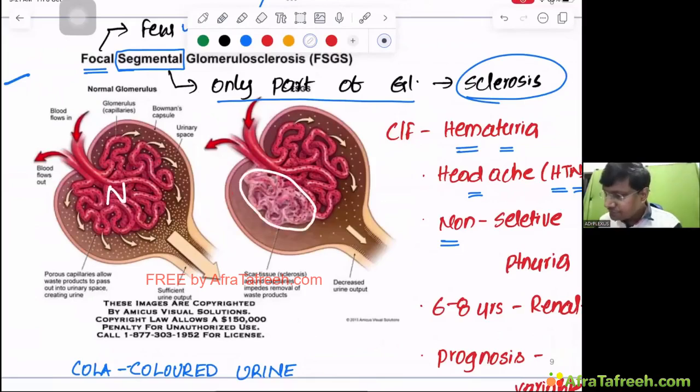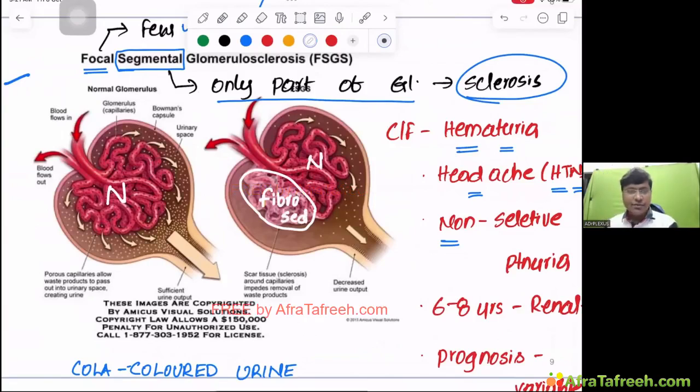Sclerosed in the sense, it is fibrosed. Whereas the remaining part of the glomerulus is absolutely normal. Now it is only part of the glomerulus that is getting fibrosed and sclerosed, and that is the reason why it is called focal segmental glomerulosclerosis, right?